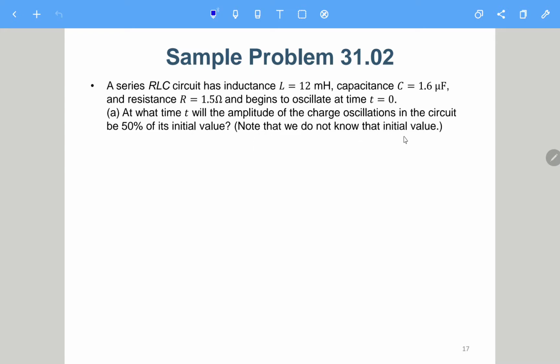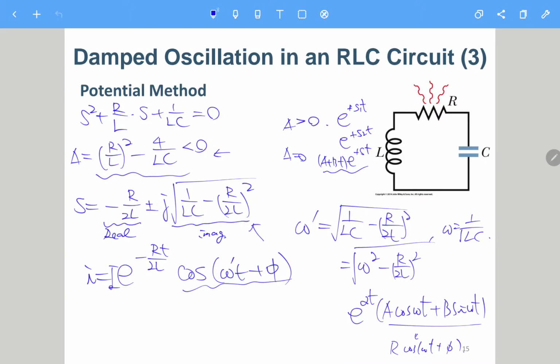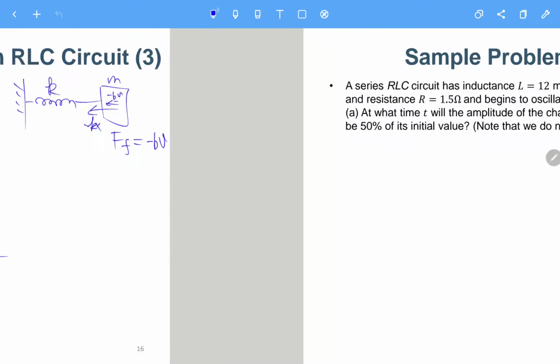Note that we do not know the initial value. But actually we don't really care about it, because when we consider what time is half of its initial value, we only care about this term to be 0.5. We assume the amplitude at that moment is half of the initial value.